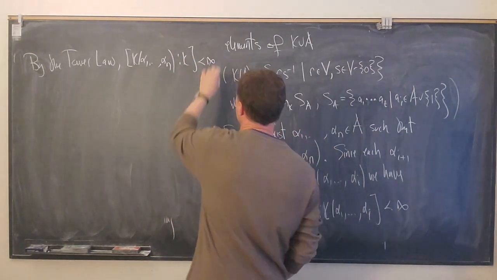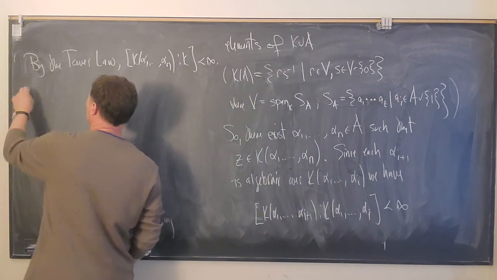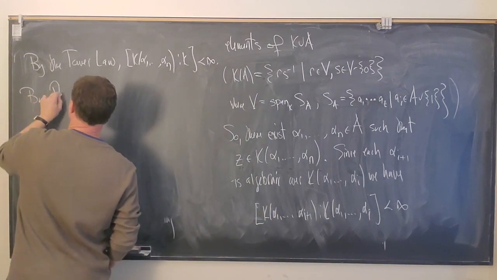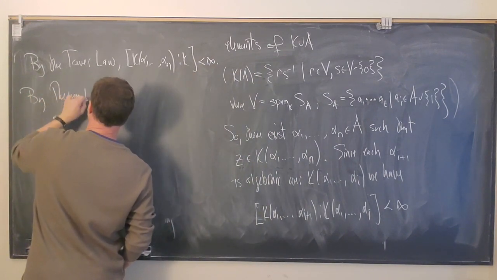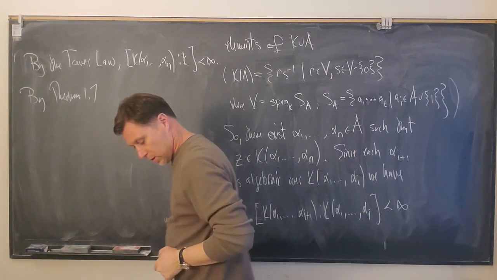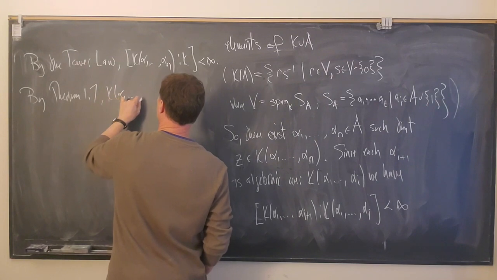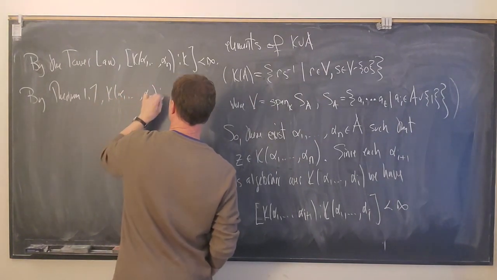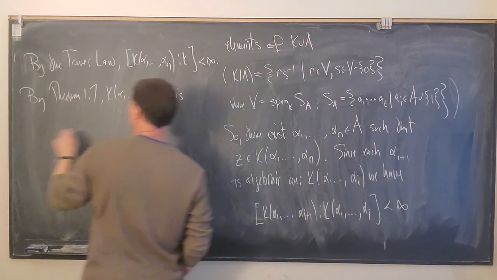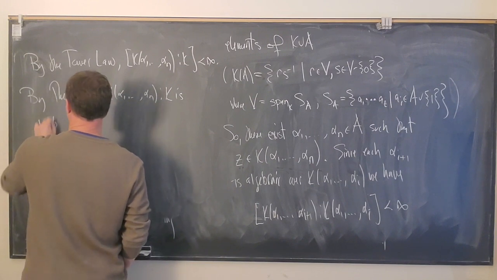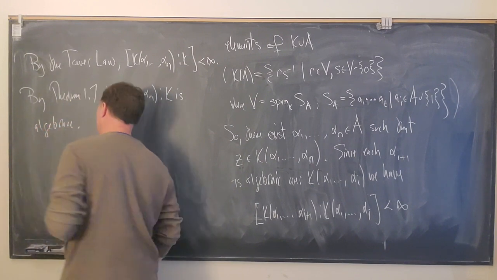And now, by our previous theorem, theorem 1.7, the extension K adjoin alpha 1 through alpha n over K is algebraic. Okay, what does that mean?